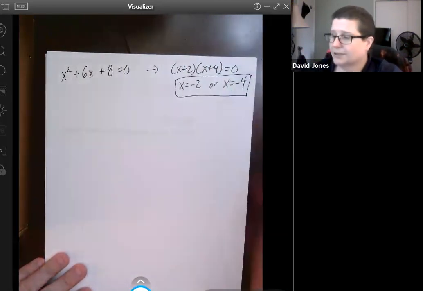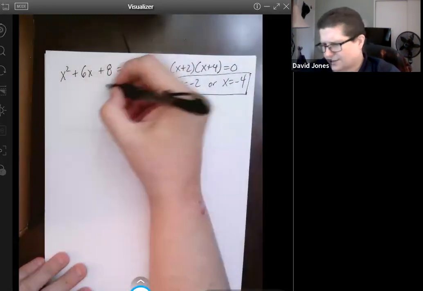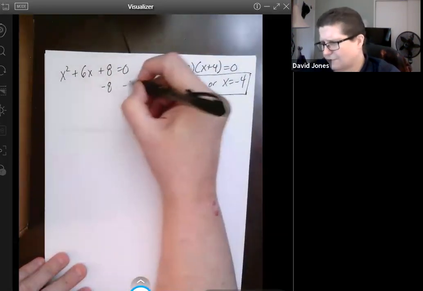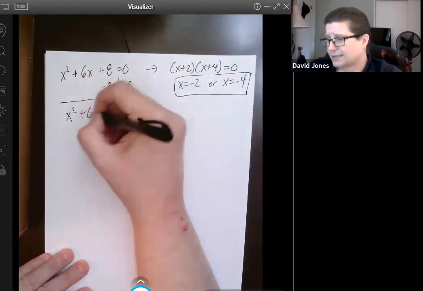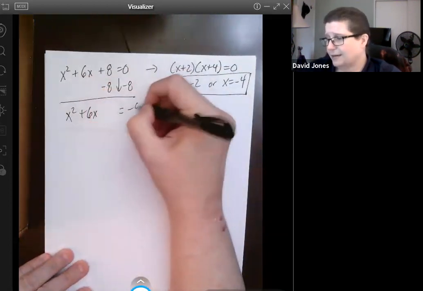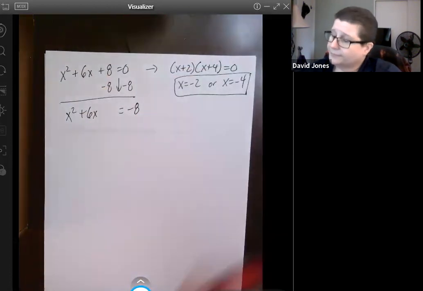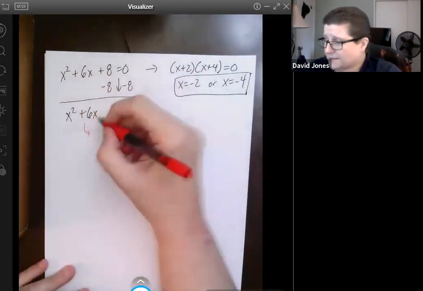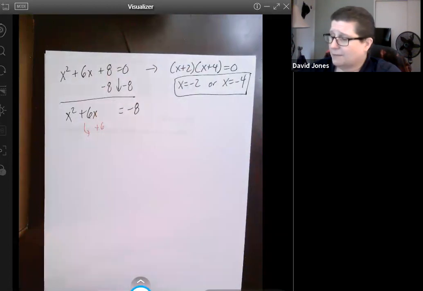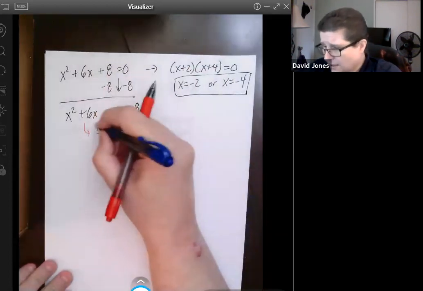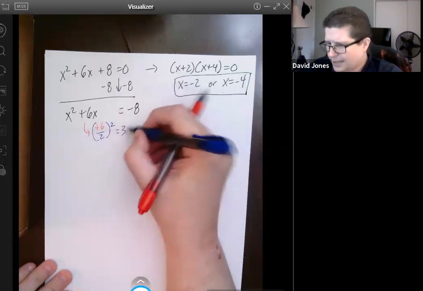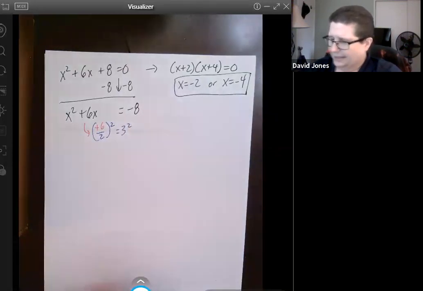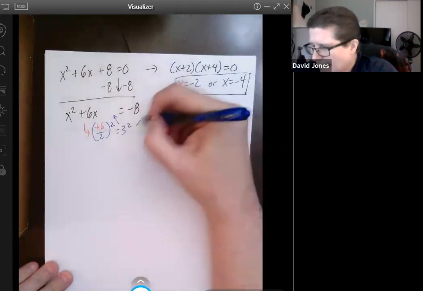Let's do complete the square. Start off, subtract 8 from both sides. x squared plus 6x equals -8. I'm going to take this positive 6, divide it by 2, and square it. This is 3 squared, which is 9. Add it to both sides.